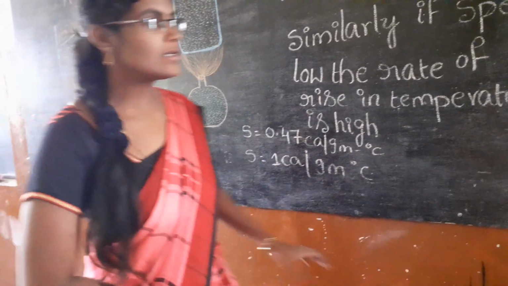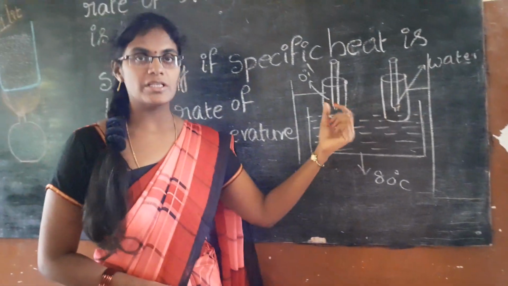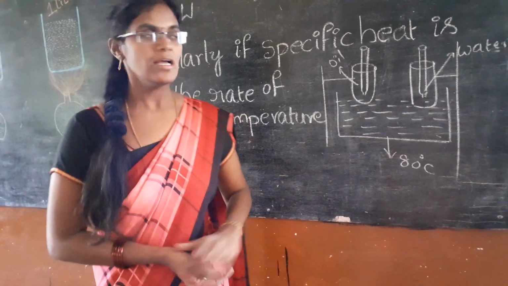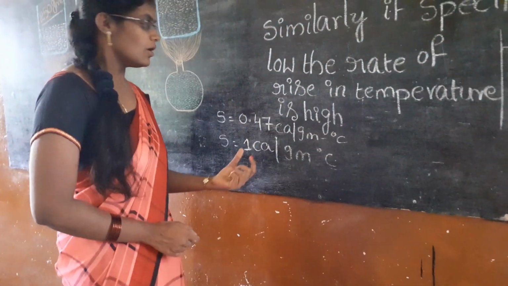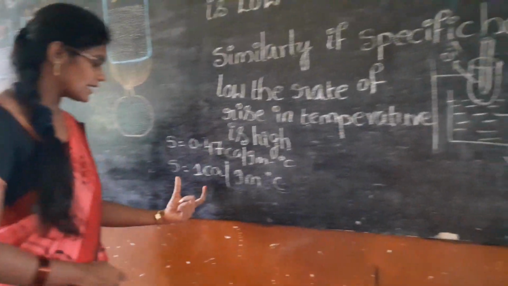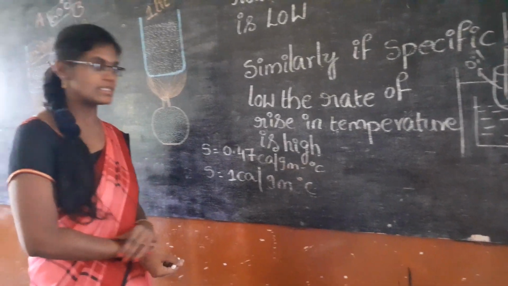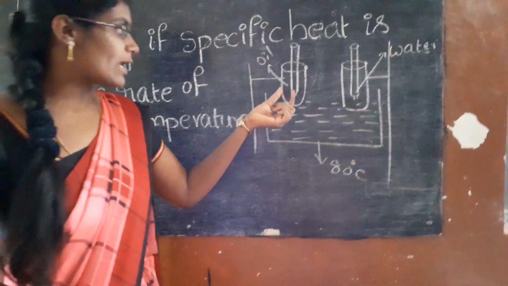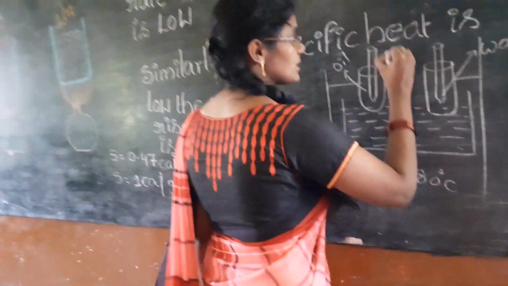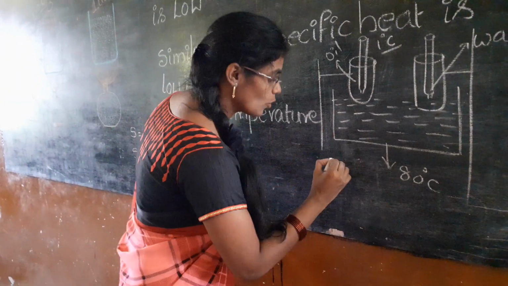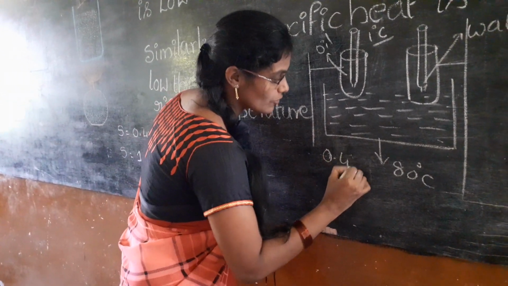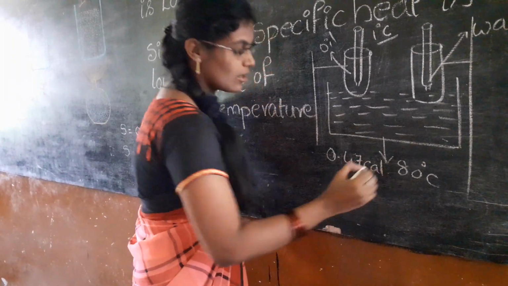This is the reason for the variation in the rate of rise in temperature. Means to raise the oil temperature by 1 degree Celsius, oil needs only 0.47 calories of energy.